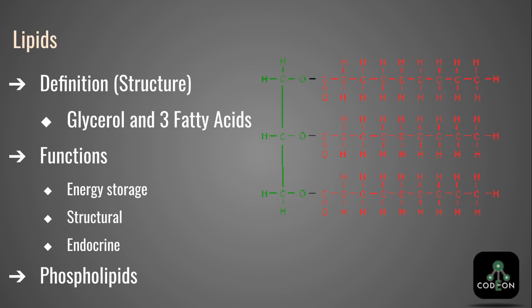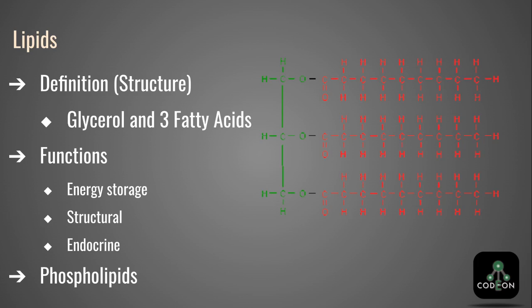Moving on, we have the second type of organic compound. We have lipids. So a lipid is essentially any molecule that is composed of a glycerol molecule, as we see in green on the right. So this is going to be a molecule that's going to be polar. It's going to have alcohol OH groups coming off, and then that's going to react with three fatty acids.